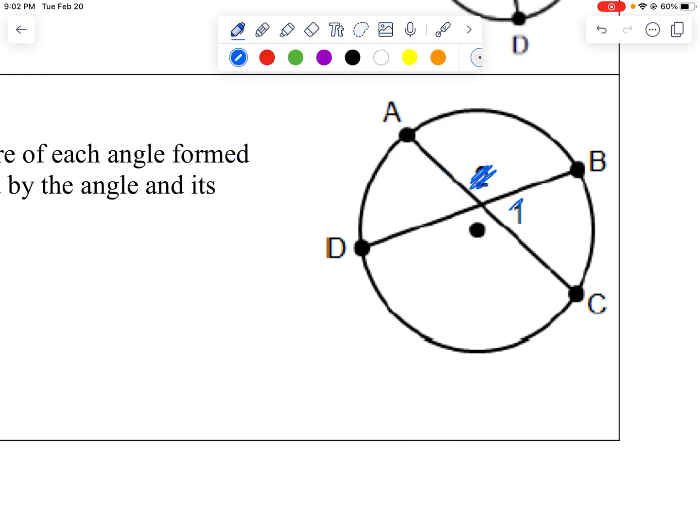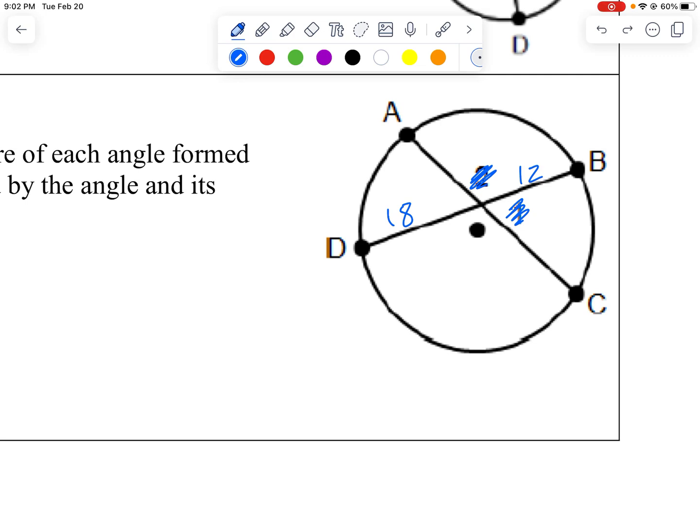So this next theorem is about how long these are. So instead of looking at the angles, we're looking at how long things are. Let's say this is 12 and this is 18. When the chords cross each other, they actually split each other in such a way that the lengths will multiply to be the same thing, which is kind of a weird thing.